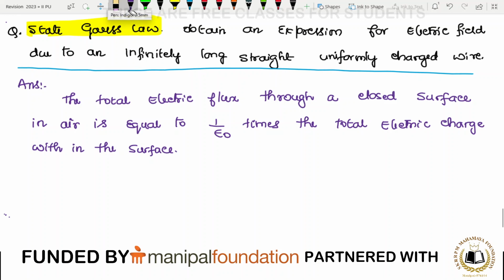Okay. Now the question is asked to derive an expression for the electric field due to a uniformly charged straight infinitely long wire.